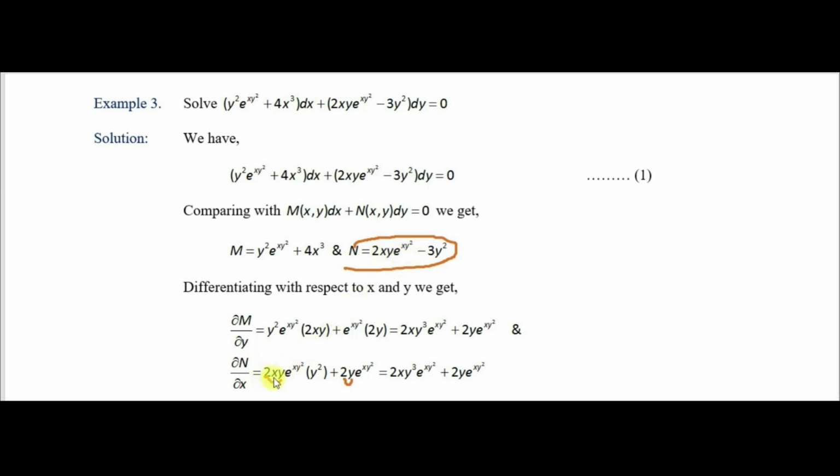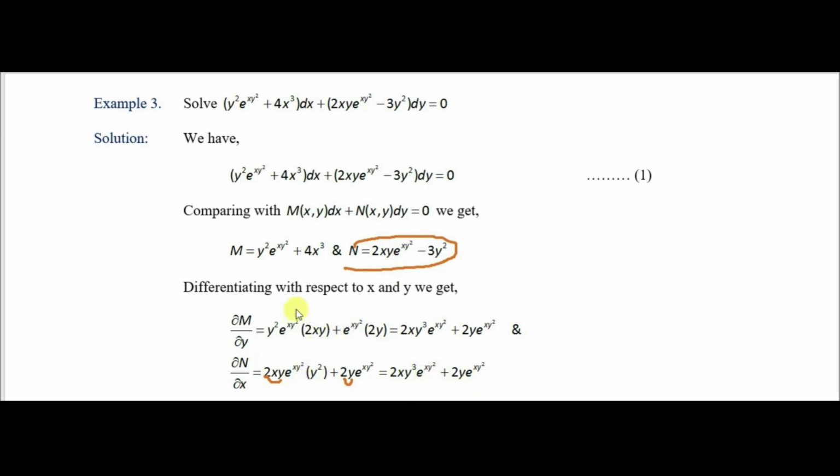The first term as it is, that is x as it is, and the derivative of e to the power xy square is e to the power xy square into the derivative of x, which is 1, so we get y square only, plus the second term as it is, 2y as it is, the derivative of x is 1, and e to the power xy square as it is, which is equal to, by rearranging this term, we get these values.